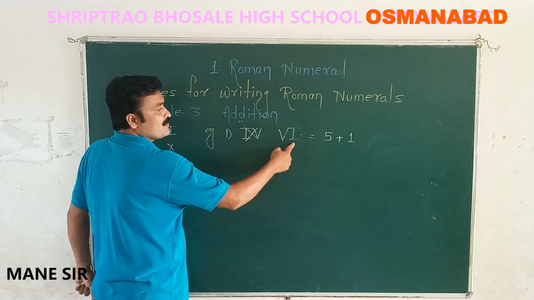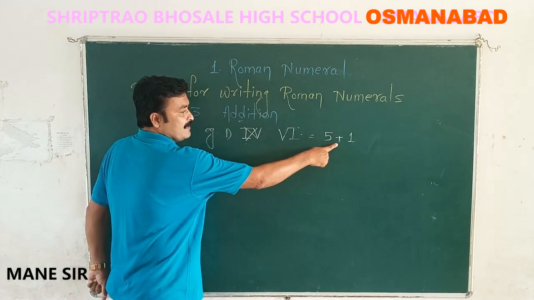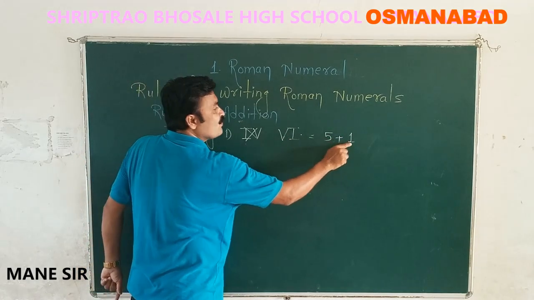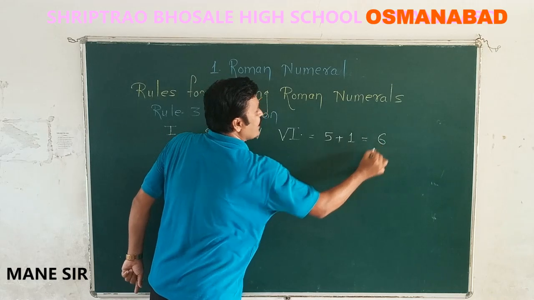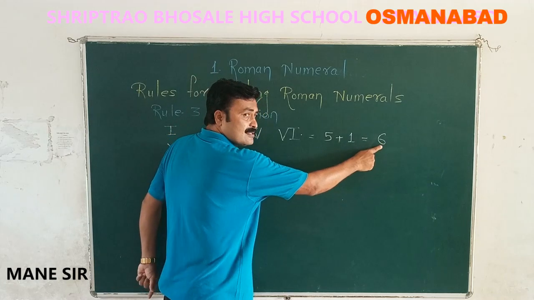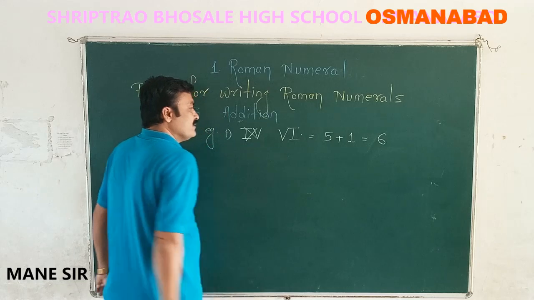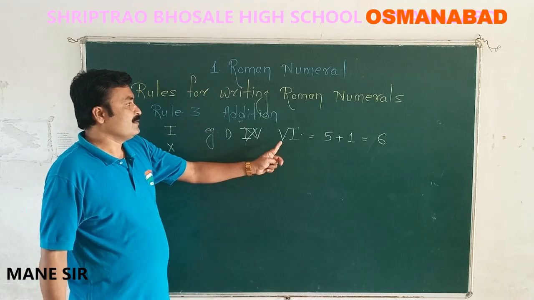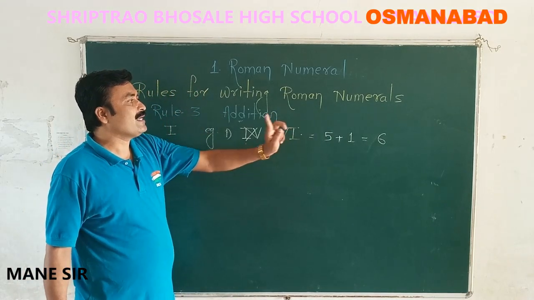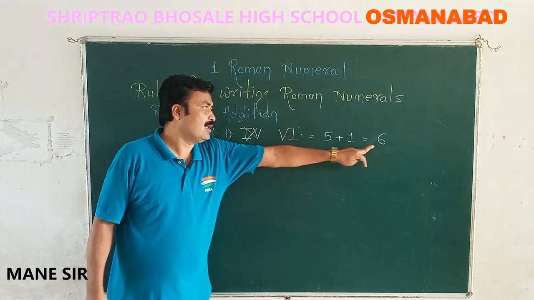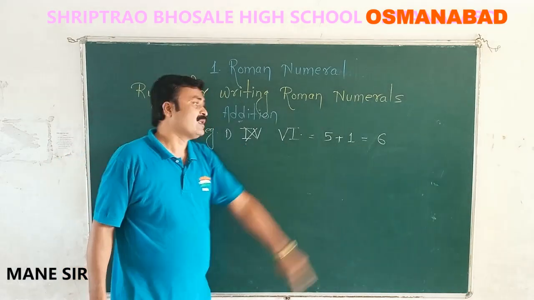We write it after, so we make a plus sign. So 5 plus 1, we get the international number 6. That means VI, this Roman numeral, indicates the international number 6.